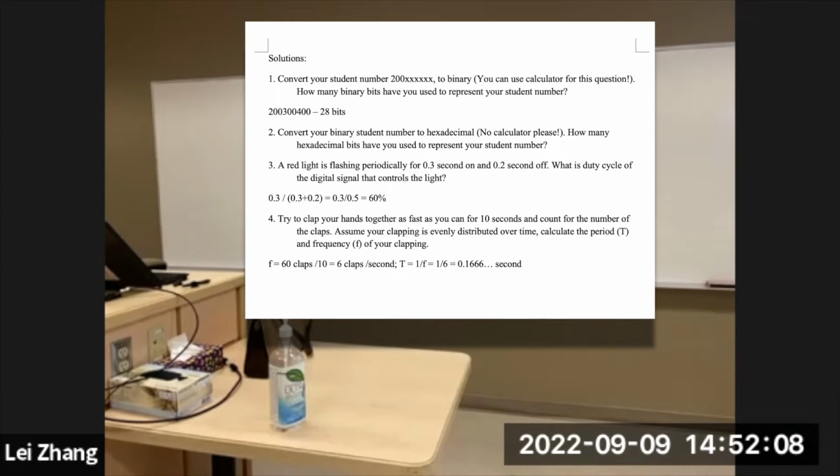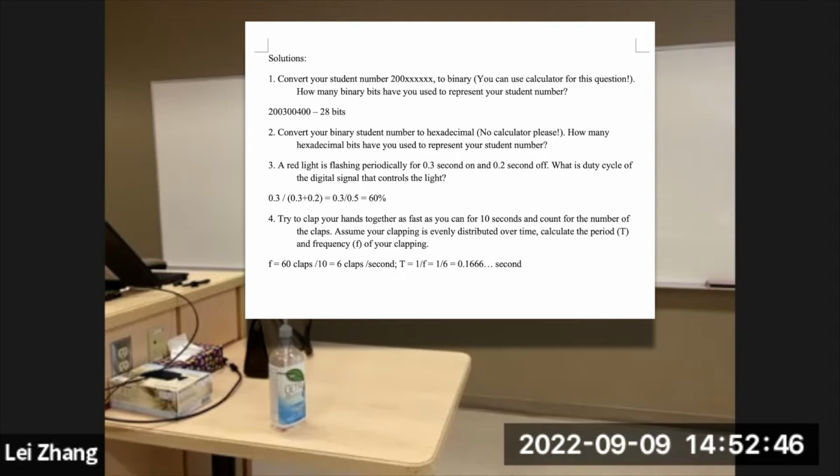So the next question, you can use a calculator. How to convert the binary bits you get from your calculator into hexadecimal? You know how many bits we have in binary now, 28 bits. We learned that every 4 binary bits can be converted into 1 digit of hexadecimal.